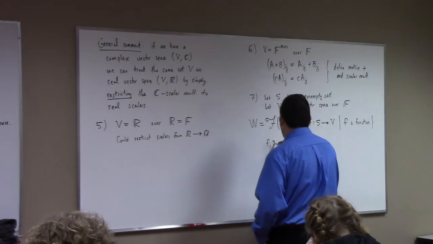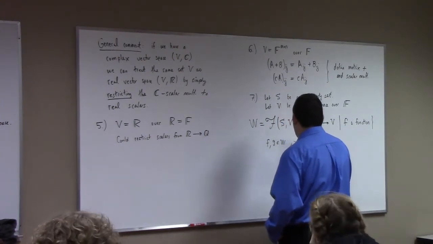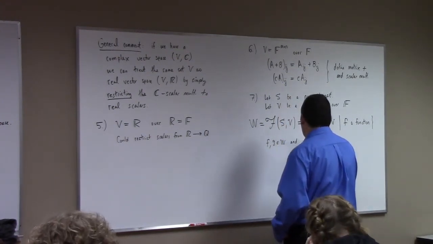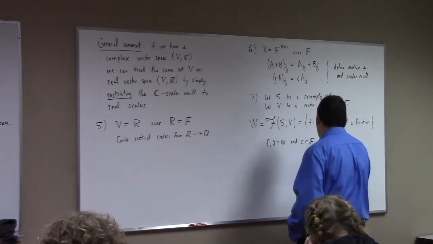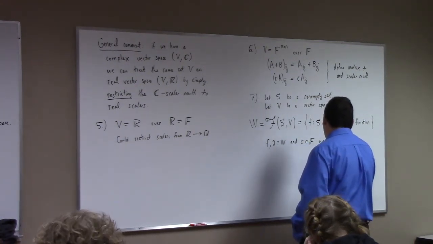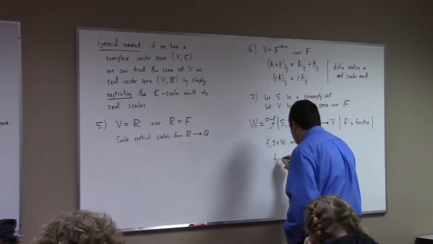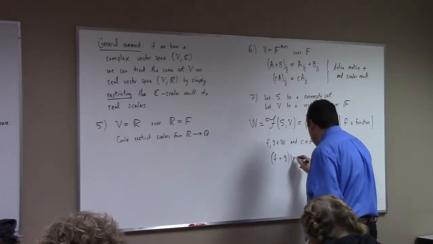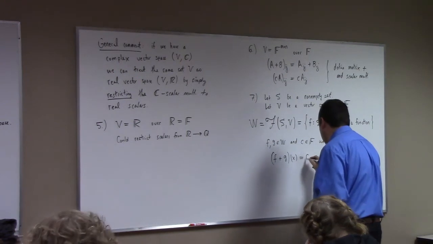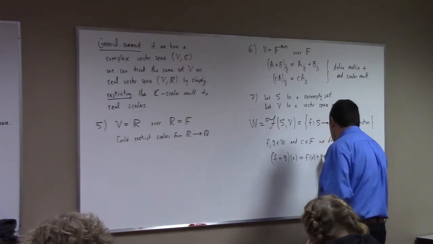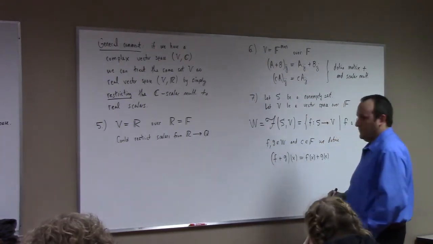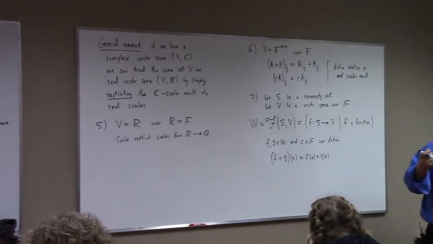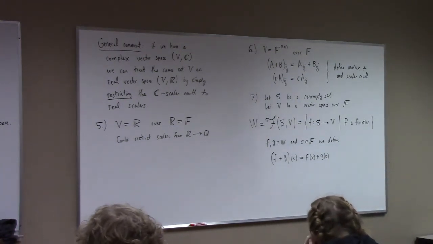So if f and g are in W, and c is a scalar, we define f plus g of x equals, this is the definition, f of x plus g of x. So the old function f, the old function g makes the new function f plus g defined by pointwise addition.